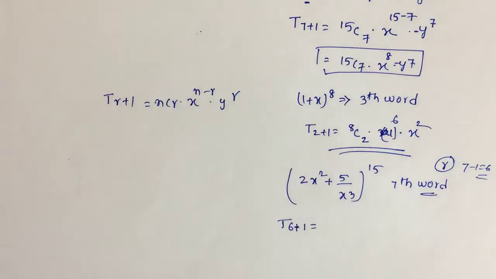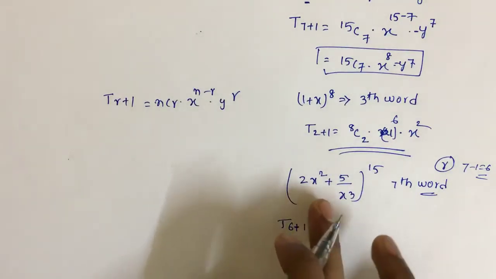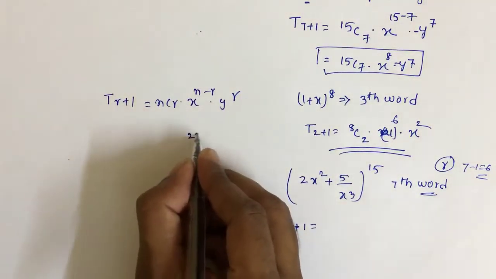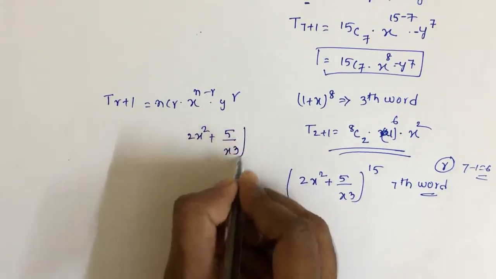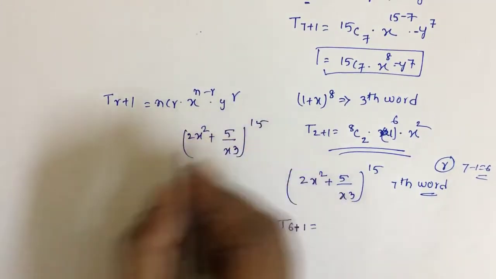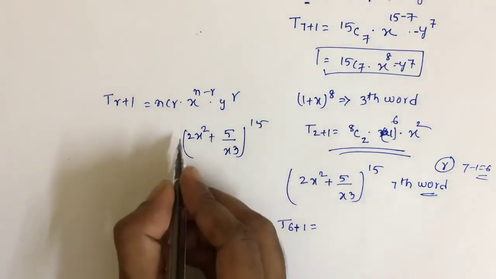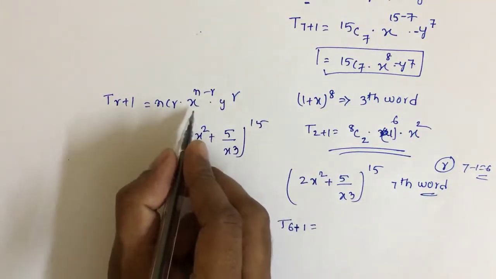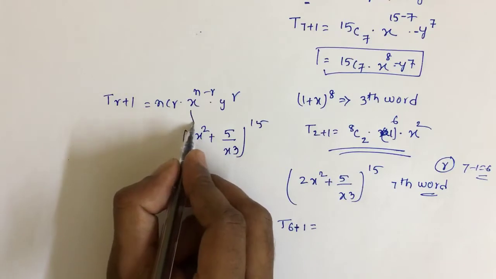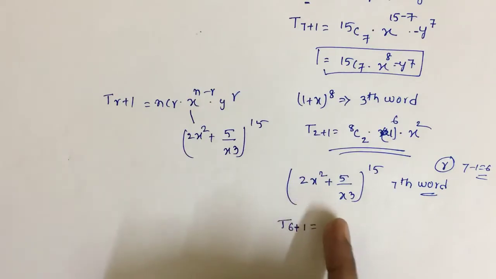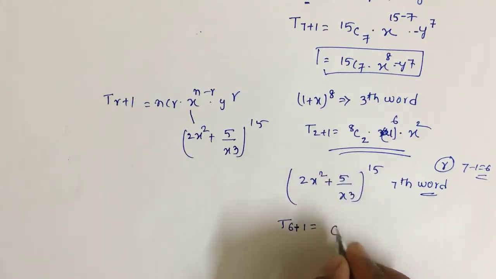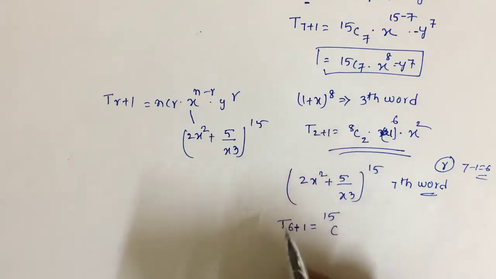So this is the principle we have, and this also I am writing here only, (2x^2 + 5/x^3)^15. So the x terms belong to this, and this will be separate. Here the n value is 15, 15C. Next, what is the r value here? 6.